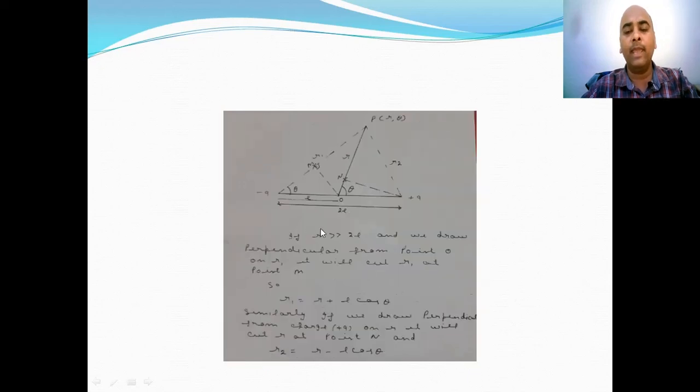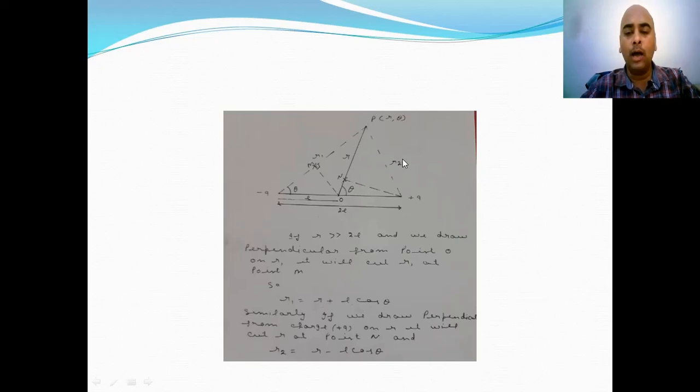In a similar way, we draw a perpendicular from the minus q charge on OP. This perpendicular cuts OP at point N. So we can again estimate that the distance from P to plus q, which is r2, is almost the same as NP.